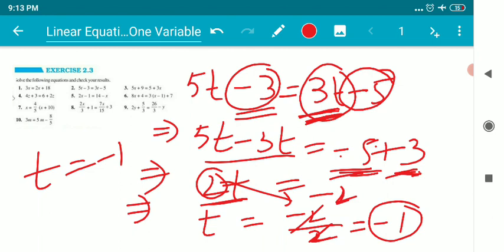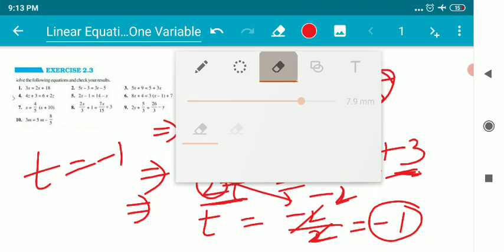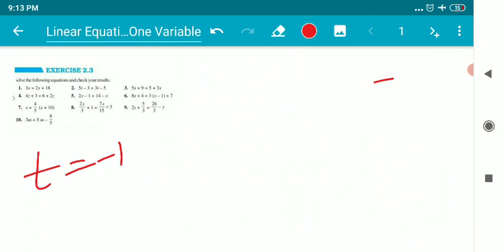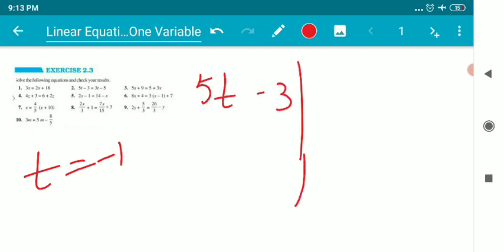Now children, how to check the answer? A similar process is to be used. We will just apply the value of t in the left hand side and in the right hand side. So my question was 5t minus 3, this is my left hand side, and my right hand side was 3t minus 5.